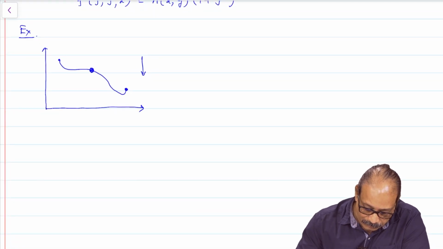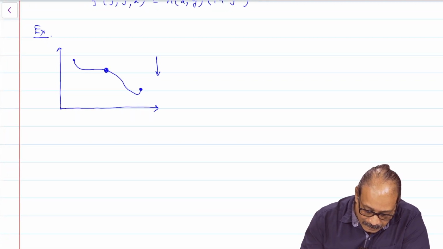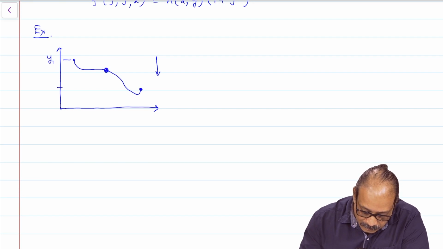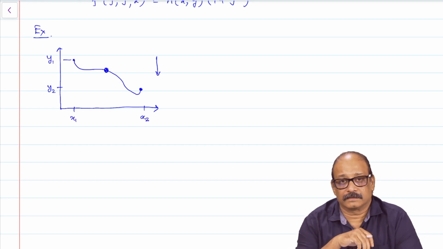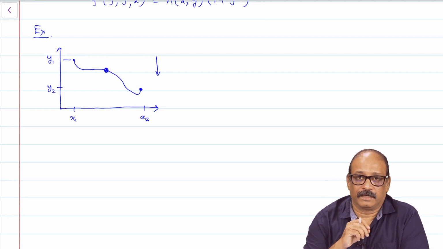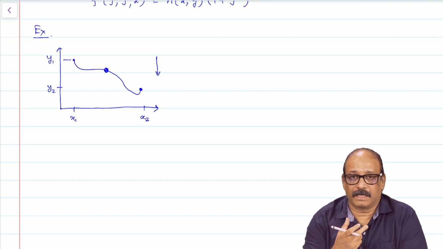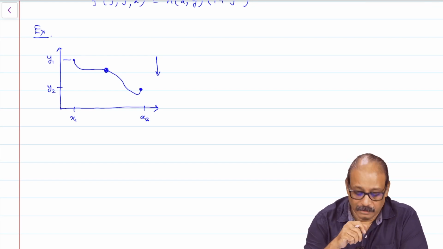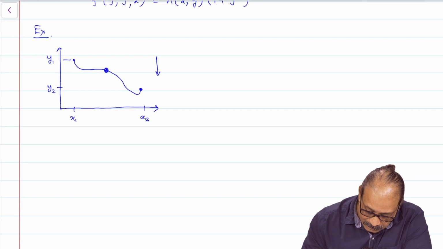And the question that we want to ask is this: if this is y1, this one here is y2, this is x1 and this is x2, what is the shape of the wire which will give me the minimum time of slide? So, let us pose this.